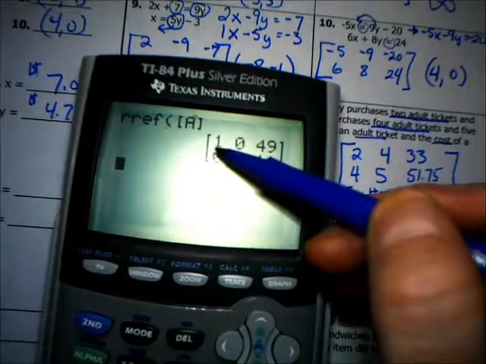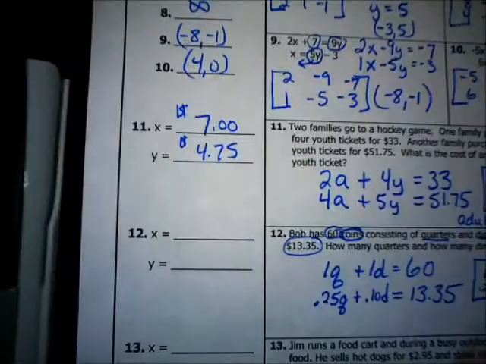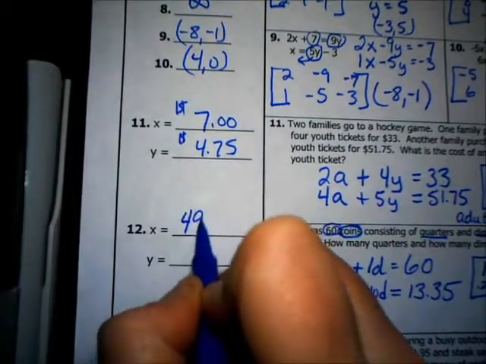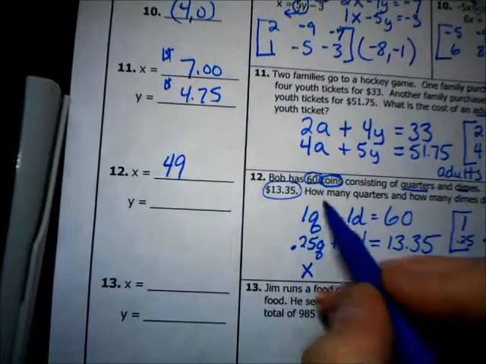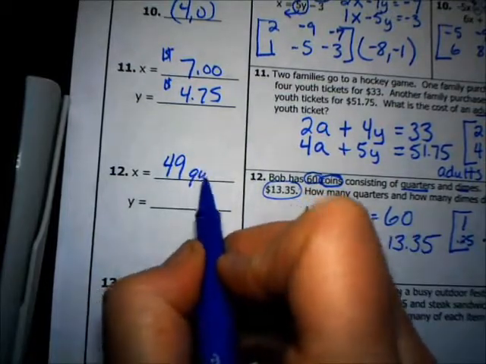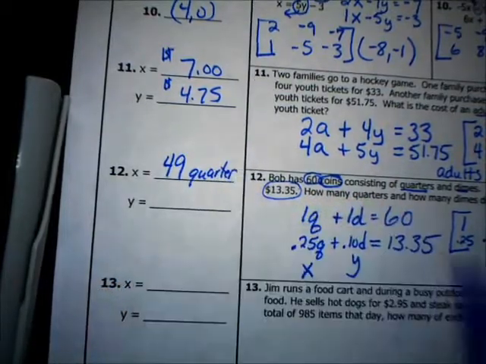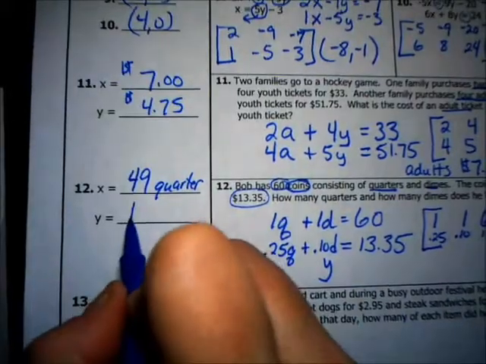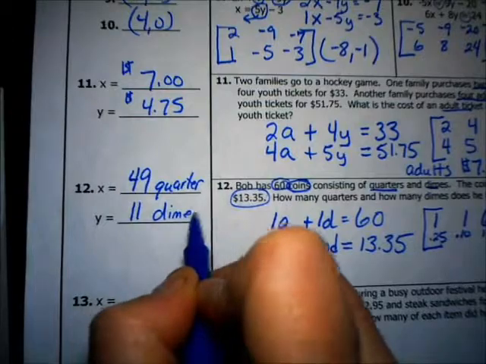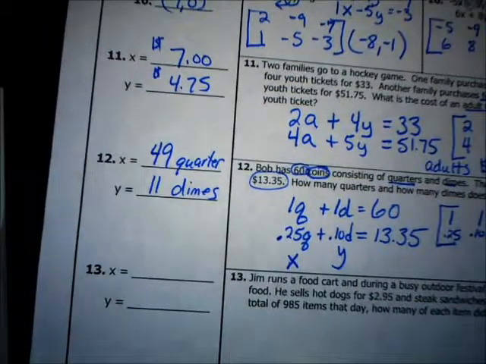The X, the first column says I have 49. So my X is 49, which realize the X was this column, the Y's was this column, so that means my X's were quarters. And then it tells you had 11 of the other ones, so that means you had 11 dimes for your answer.